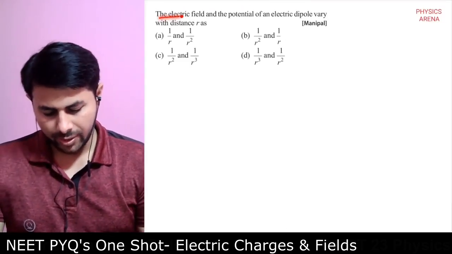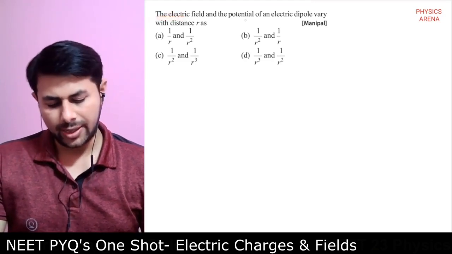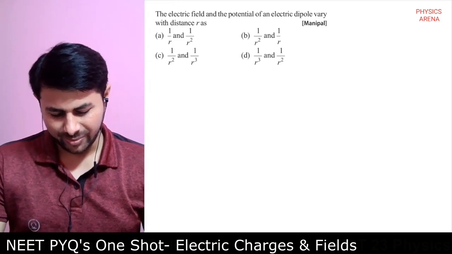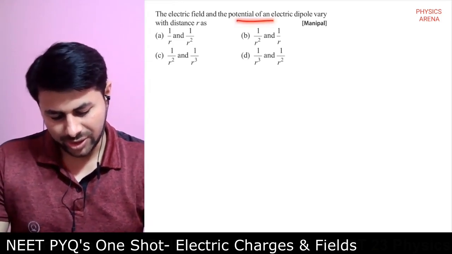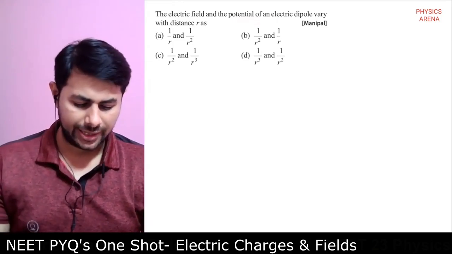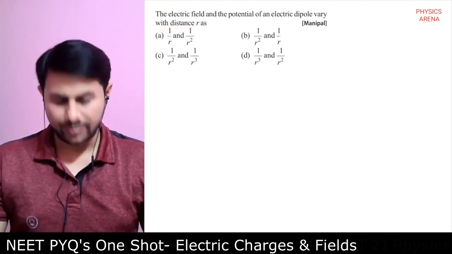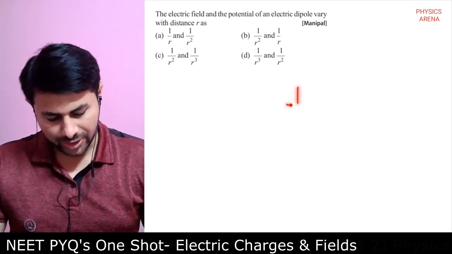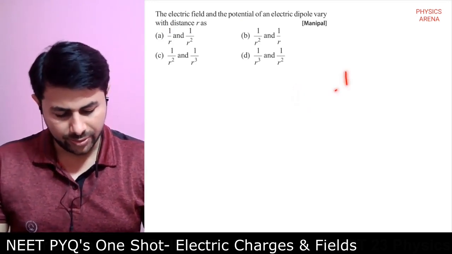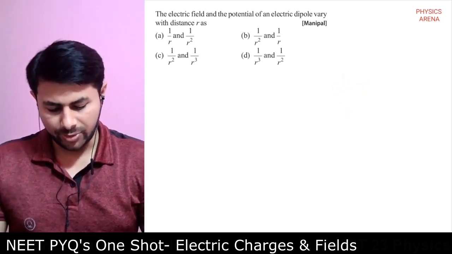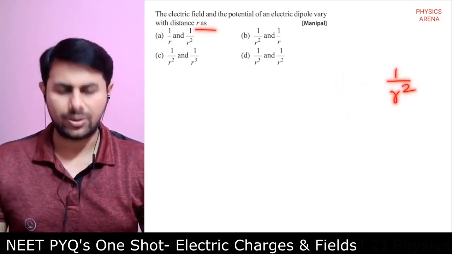Next one, the electric field and the potential. Sorry for taking this question, but anyways, the electric field and potential of an electric dipole vary with distance r as. The electric field due to a dipole is inversely proportional to r cube and the potential is inversely proportional to r square.